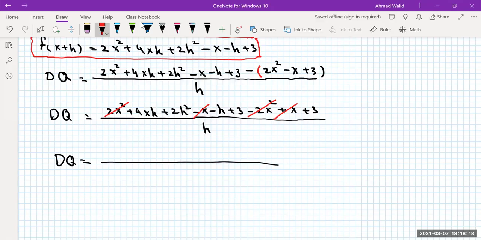Am I right? Then write the rest here. What is left? 4xh plus 2h squared minus h plus what? 6 over h. I think there is, here you see, I didn't distribute the negative. That's actually negative 3.